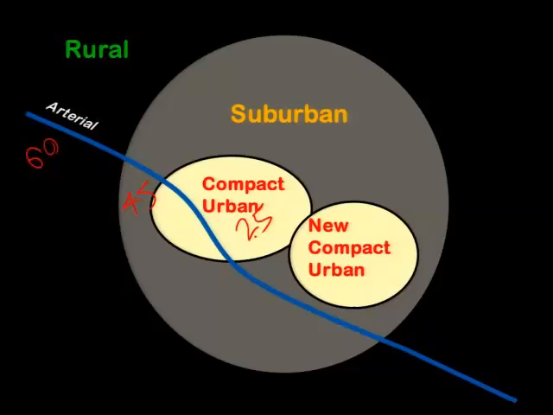And once we get the MPO to designate areas this way, either suburban or compact urban, then right from the beginning on that long-range plan that goes 25 or 30 years out, you're able to say, that's going to be a compact urban area, so we're not going to do 6-lane arterials with design speeds of 60 there. Even if it's a greenfield or a brownfield area of 800 acres, 1,000 acres, you do not put the arterial systems in.